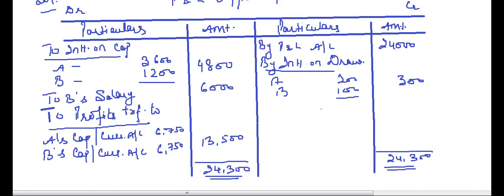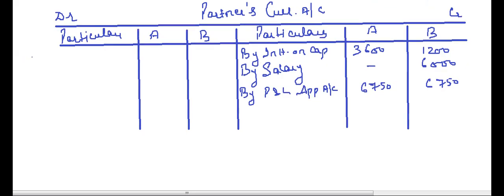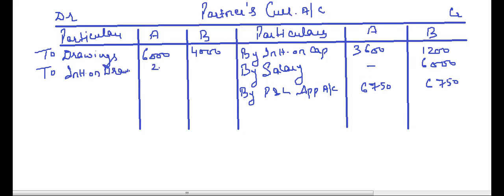What is the income for the firm and expense for the partners? Drawings. What are the drawings? It is 6000 and 4000. First of all, we will record drawings. To drawings, and then we will charge interest on drawings. To interest on drawings 200 and 100.